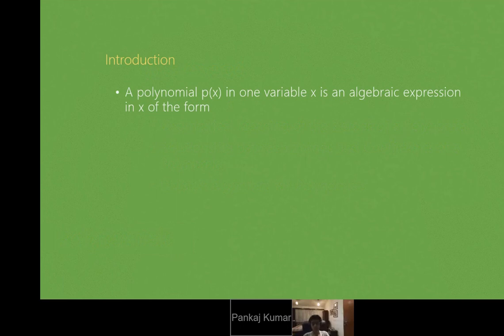Nomial refers to something related to numbers or terms, and poly is many. So many terms, basically, in simple language. When we have an algebraic expression, the question arises: what is an algebraic expression in the first place?